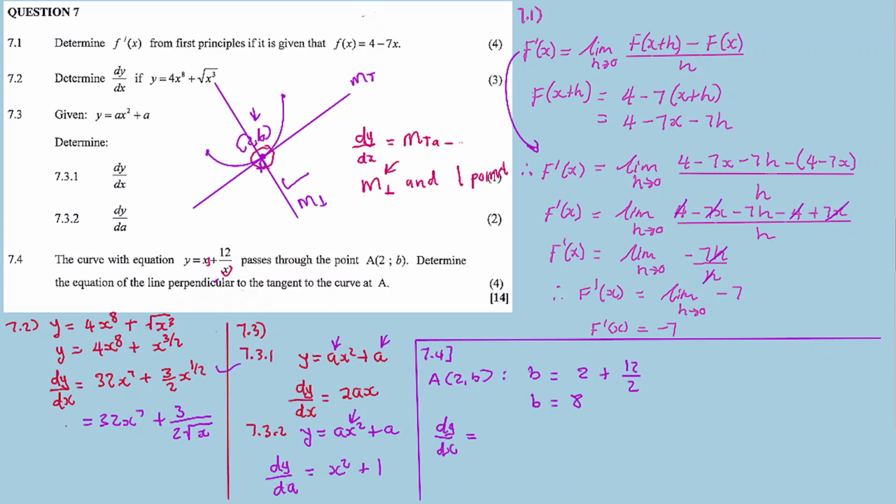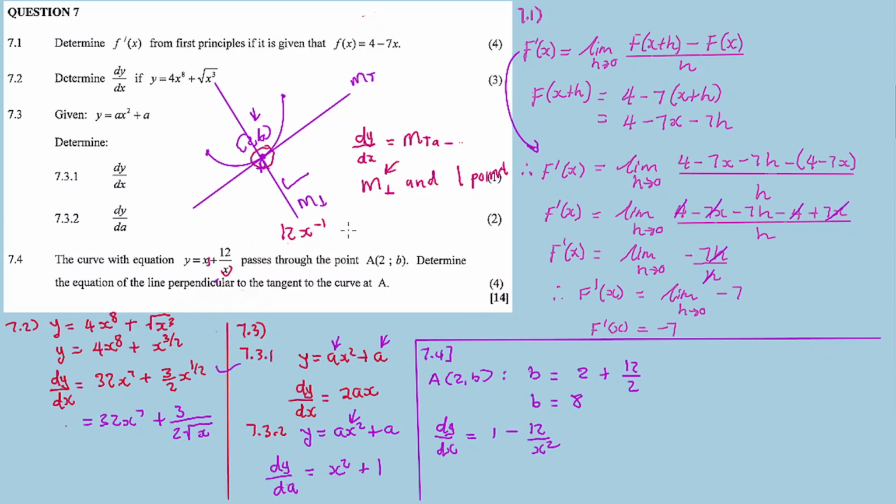So dy over dx, finding the derivative of this equation, it's going to be 1. The derivative of x is 1. The derivative of 12 over x is in fact minus 12 over x squared. I'm sure it's going to be 12x to the power minus 1.